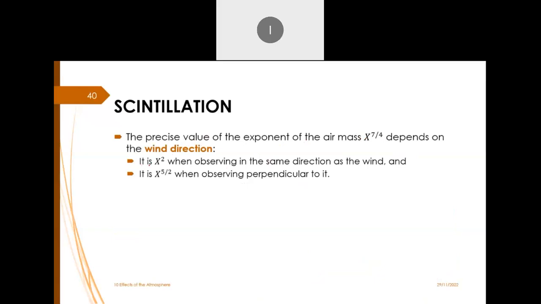It is x equals 2 when observing in the same direction as the wind, and x equals 5 over 2, power of 5 over 2, when observing perpendicular to it.